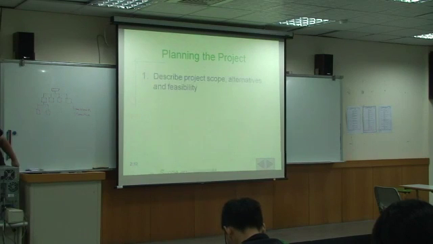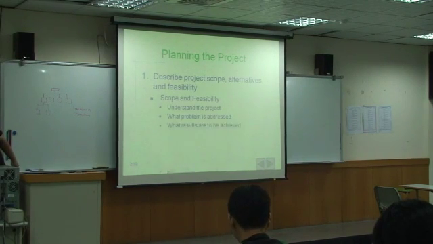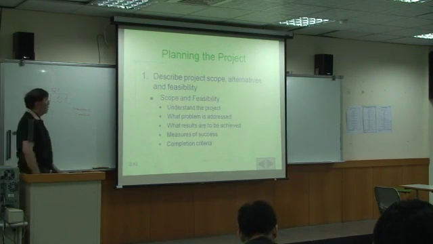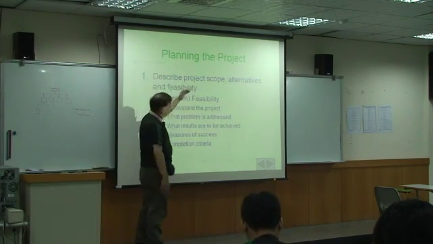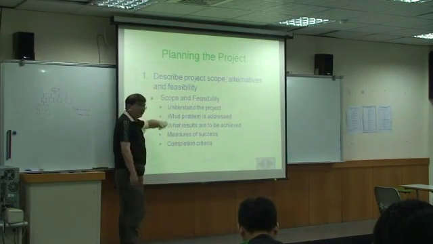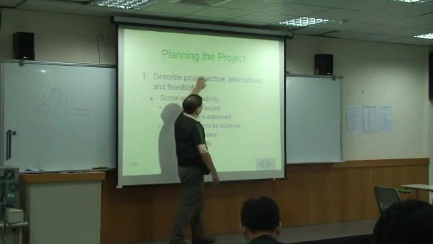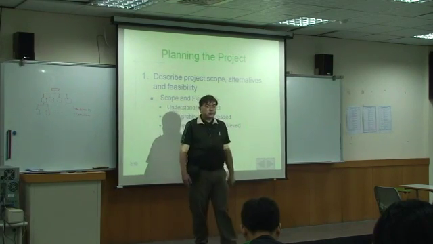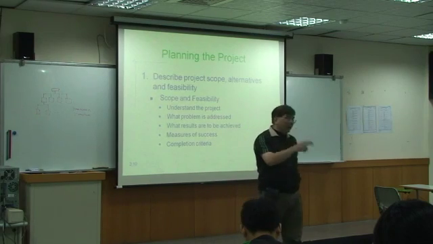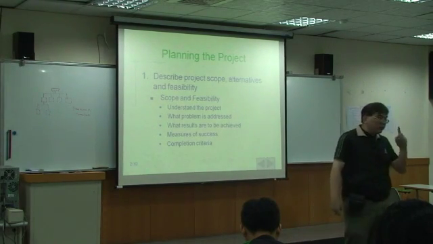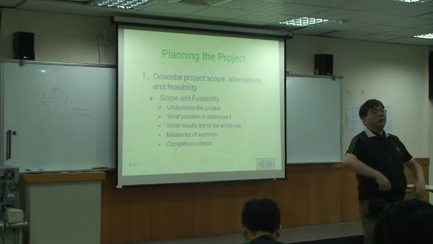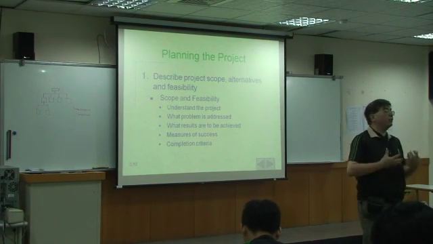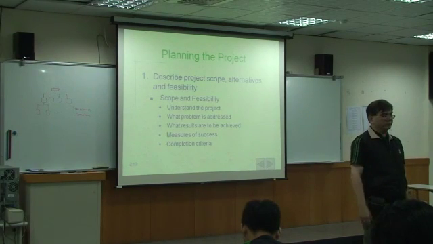So, for the first step, we initialize the project. The second, we will plan the project. By the first step, we will describe the project scope accordingly. You remember the scope? Scope has two kinds. One is called our project scope, or maybe we call it a system scope.